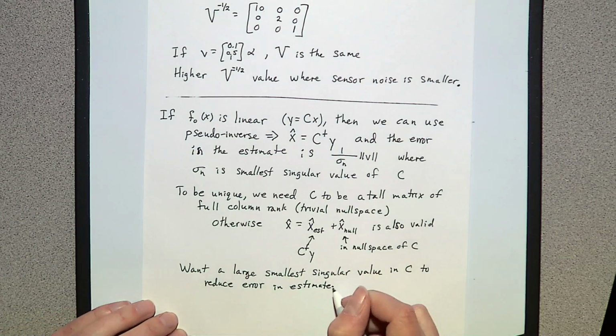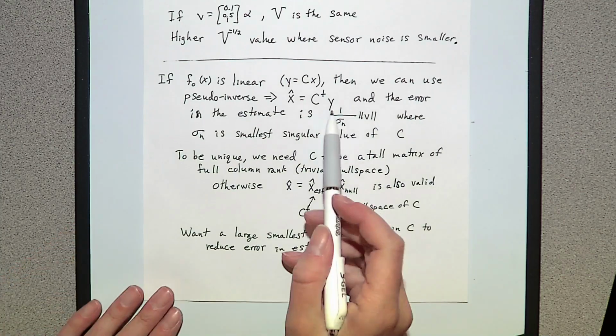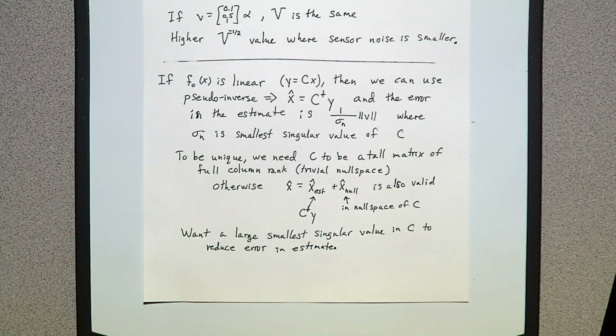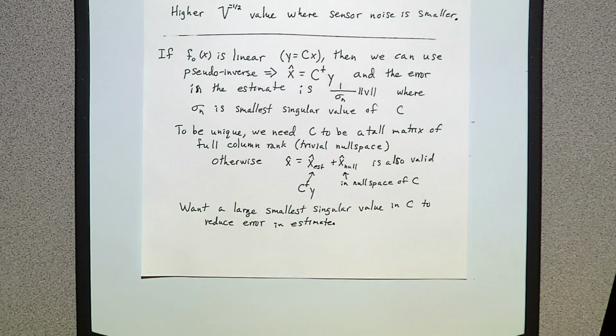Right. So if this is really large, then that helps to reduce the error. So that's something that if we know this matrix C, we can take a look at it, and that gives us some indication of how well we're able to estimate our state based on our measurements.